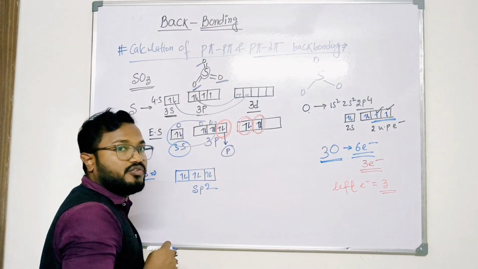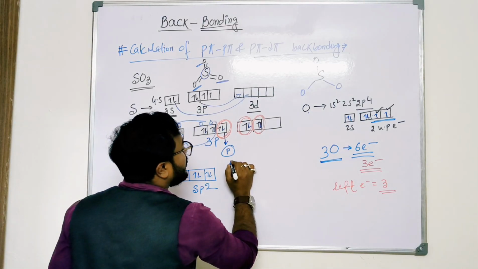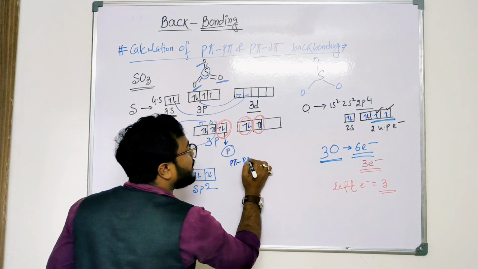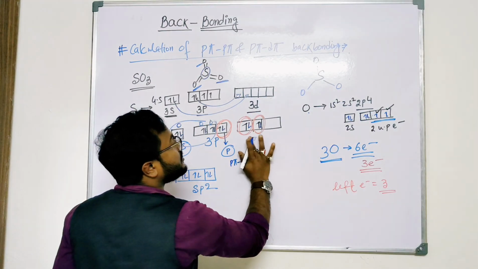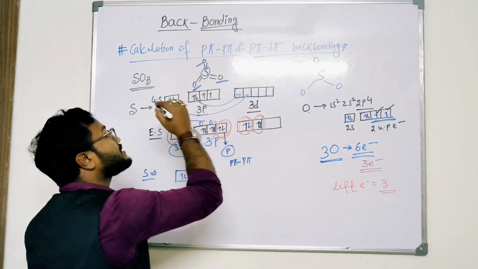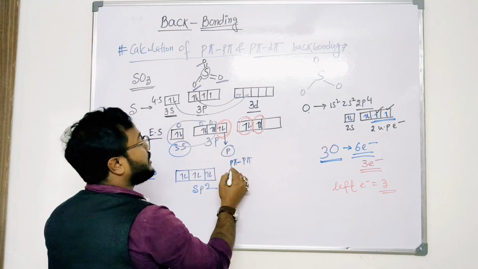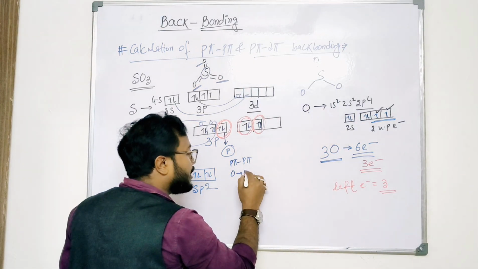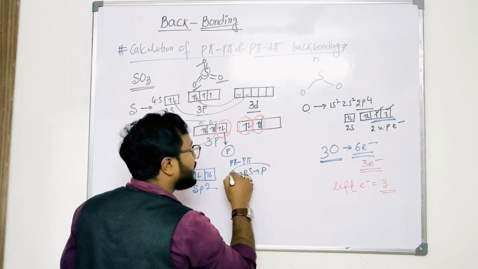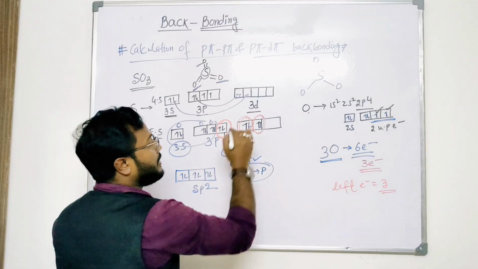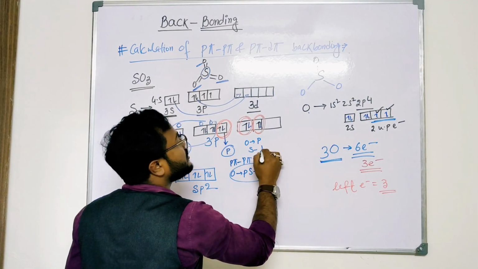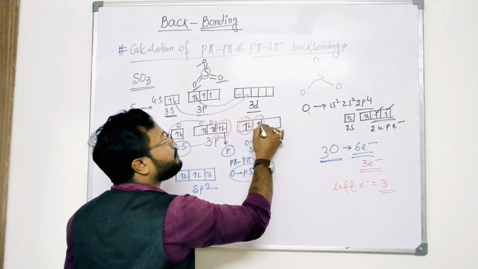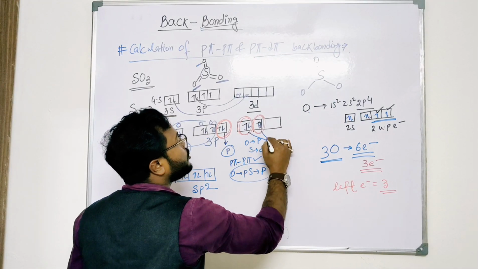Now you can see over here, here is p pi, and this is p and d involved. This becomes oxygen's p, sulfur's d. Here oxygen's p, sulfur's p. It makes p pi. Here oxygen's p, sulfur's d. So this is p pi d pi. How many? 2.